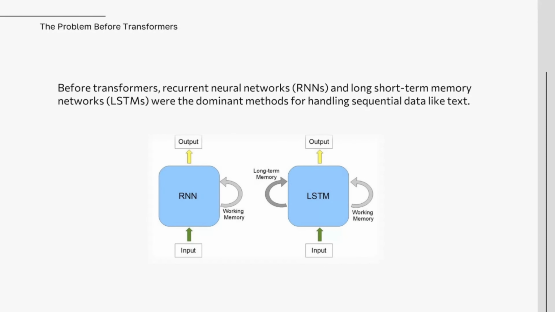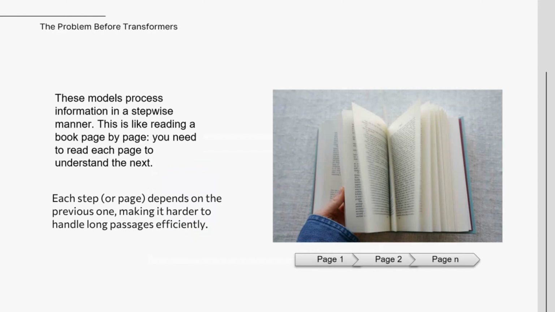Now, to make this even clearer, let's try to understand it with another example. Picture this. You are reading a book where understanding one page depends on reading the previous one. This is how RNNs and LSTMs function. They process information in a stepwise manner. Each word or data point is processed based on what came before.